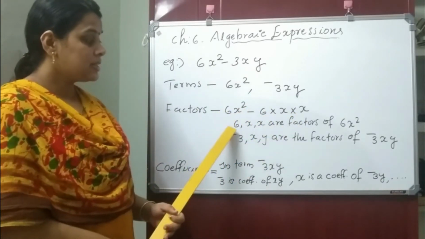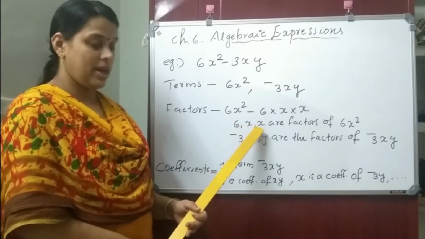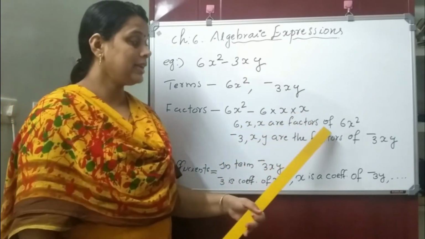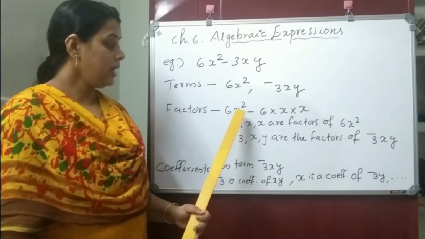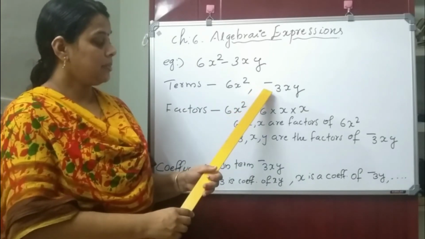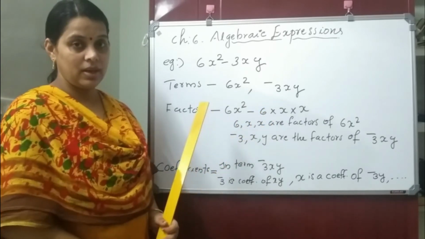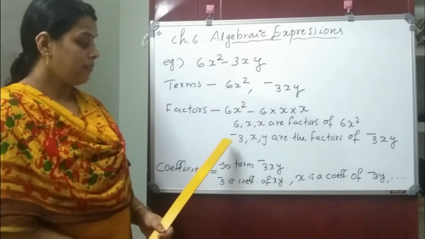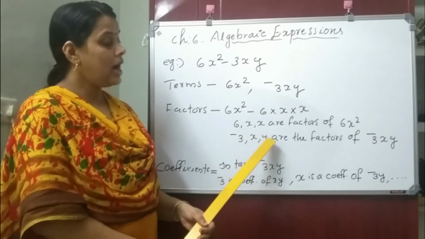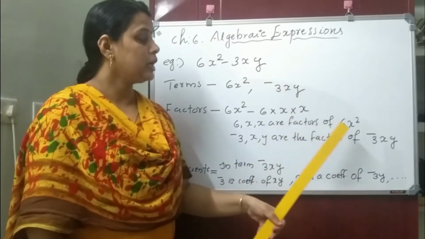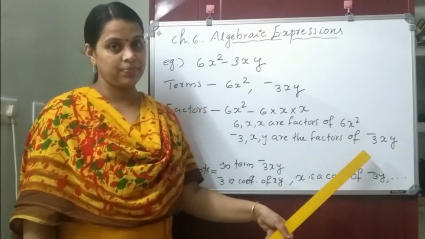That means 6, x, x are the factors of the term 6x square. Now the second term is minus 3xy. In the same way, we can say minus 3, x and y are the factors of the term minus 3xy.